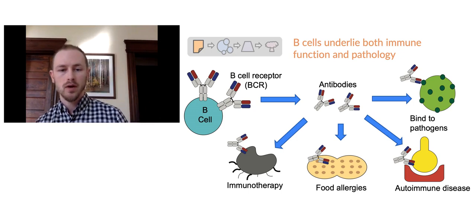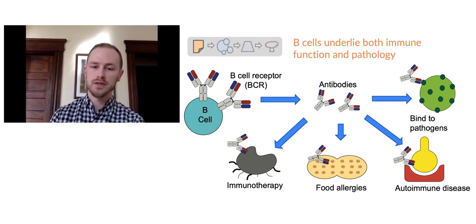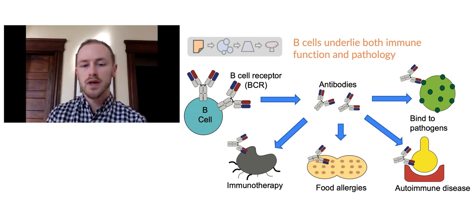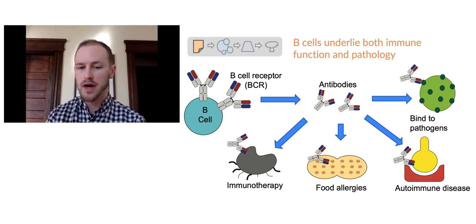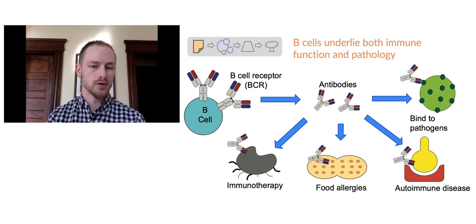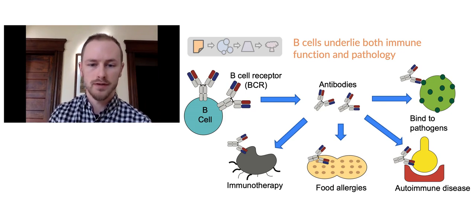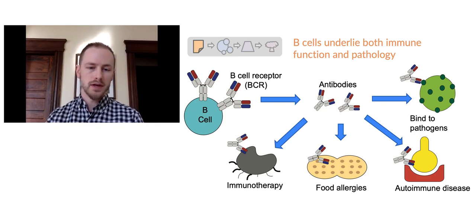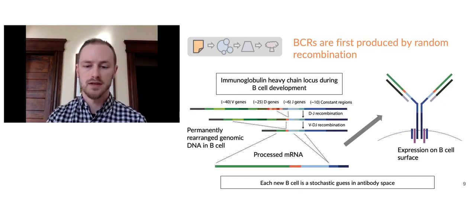If things go wrong, however, they can also cause types of autoimmune disease by binding to self-antigens, and they can cause allergies by binding to things like food antigens. Antibody structures are initially expressed as receptors on the surfaces of B cells called, creatively, B cell receptors, or BCRs. So by studying B cells and B cell receptors, we are studying the population of cells that produces antibodies.